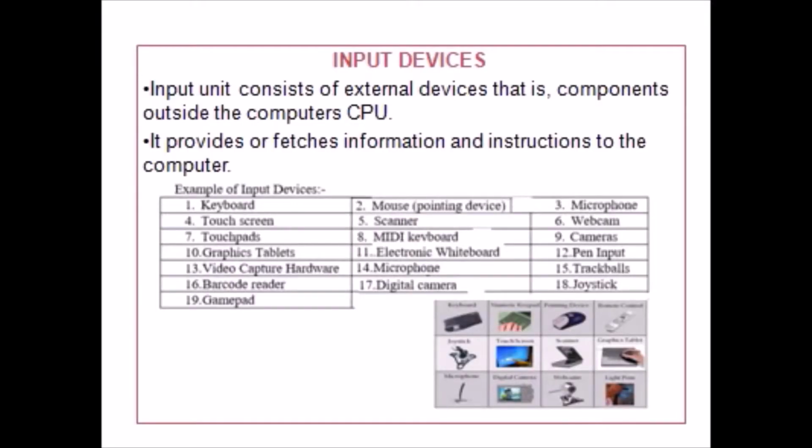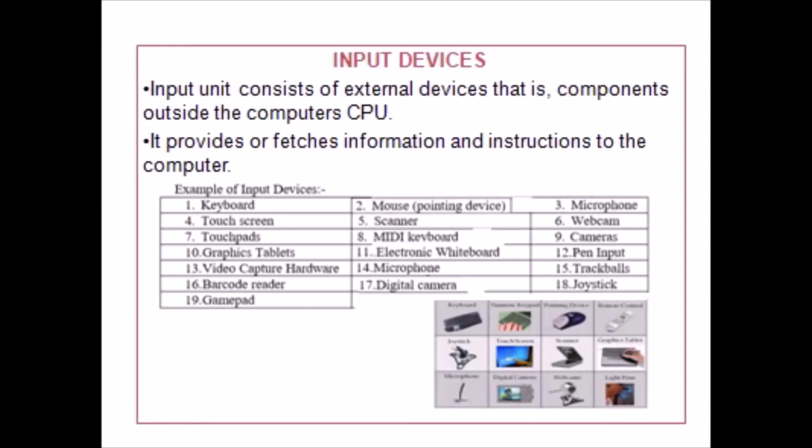Coming to the input devices. So we know that if you want to submit instructions to the system, some input devices are required. The input unit consists of external devices, that is the components outside the computer CPU. It provides or fetches information and instructions to the computer.